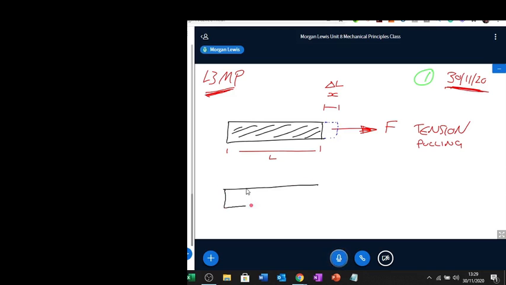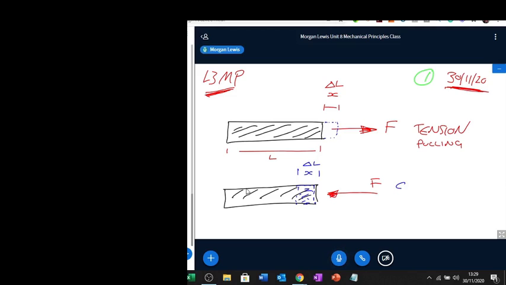And the other way we looked at was this. My metal bar again. If I put a force this way, it's going to shrink the metal bar. It's going to squash it that way. So that was my change in length, or my x.